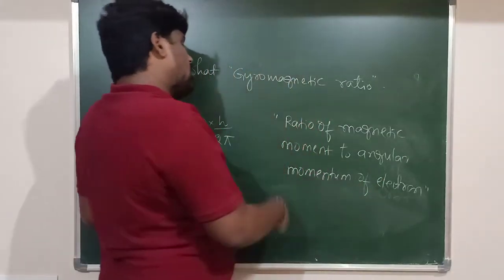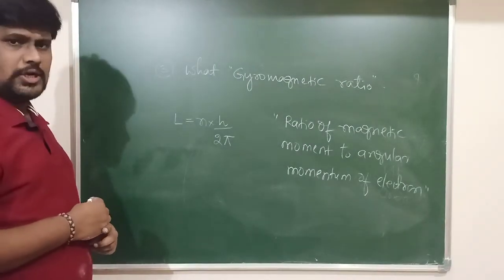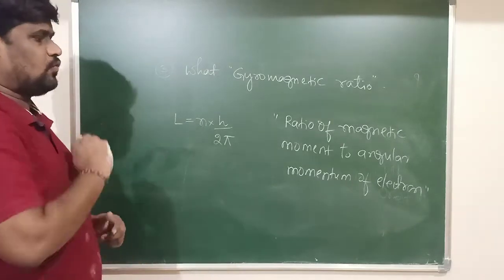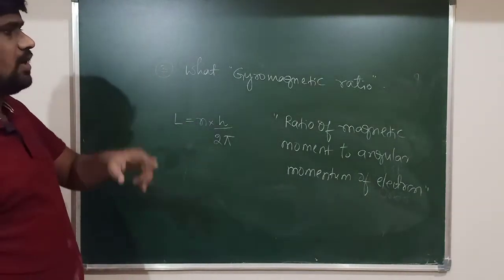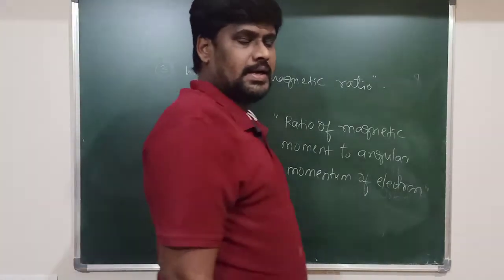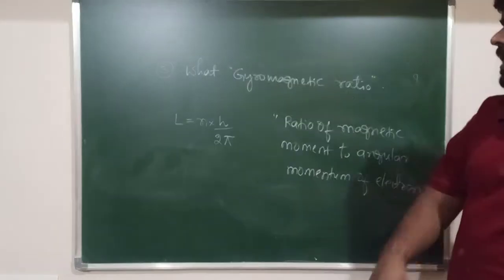The ratio of magnetic moment to angular momentum of electron when the electron is revolving around the nucleus in a circular orbit, that ratio will be called the gyromagnetic ratio.